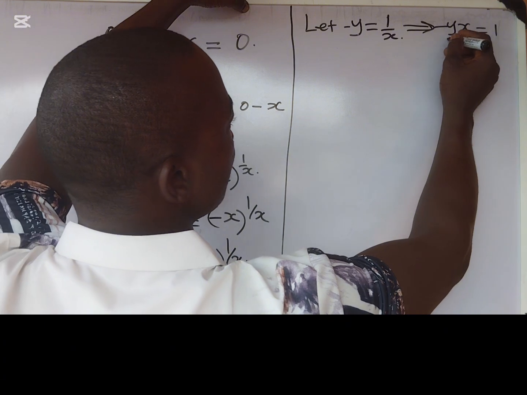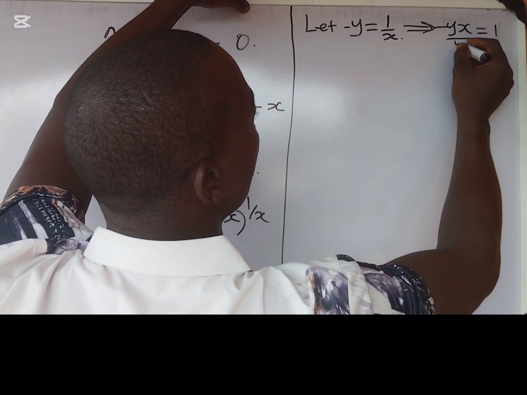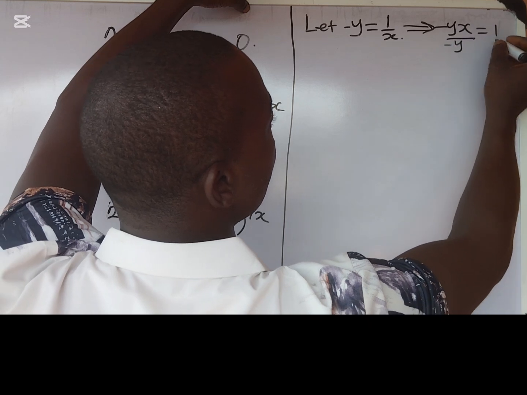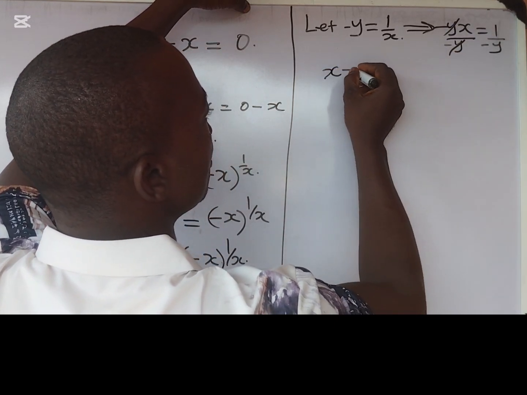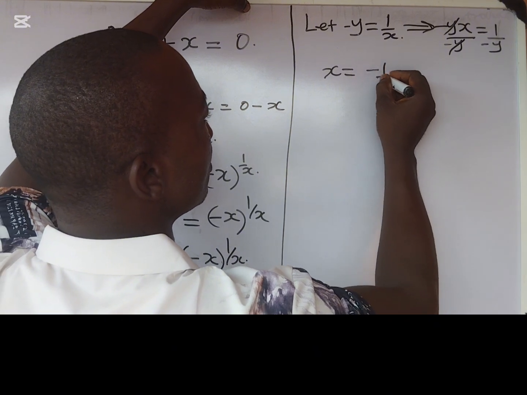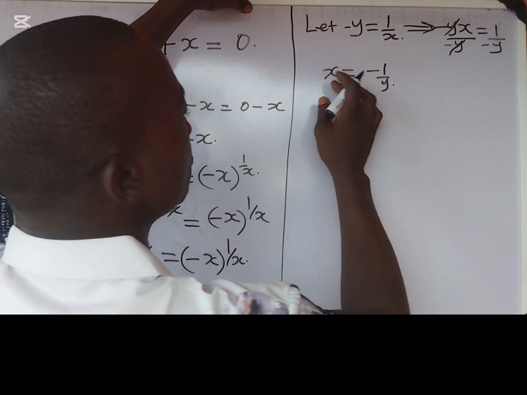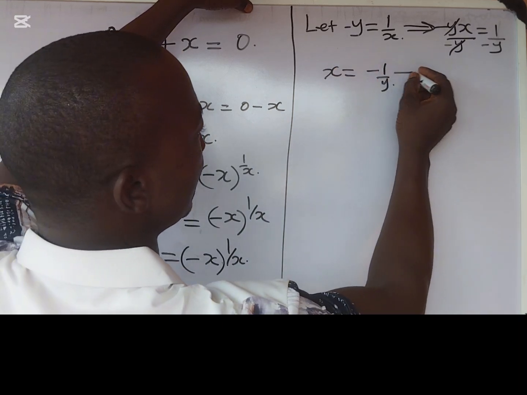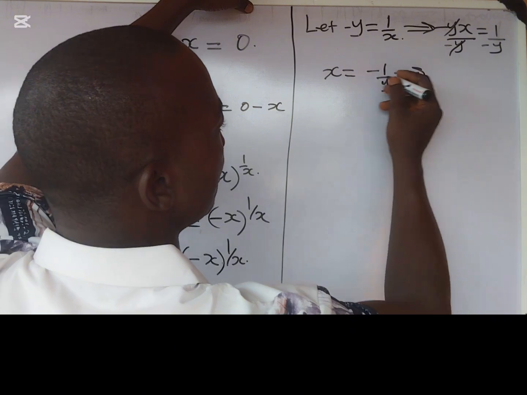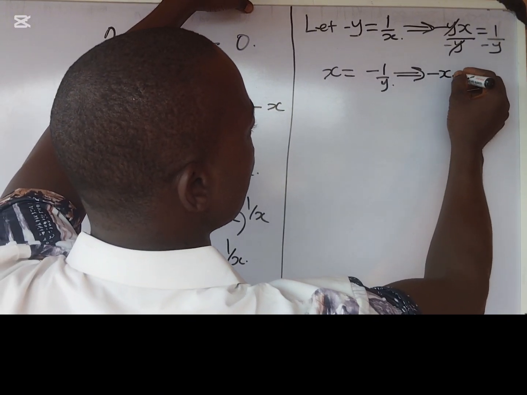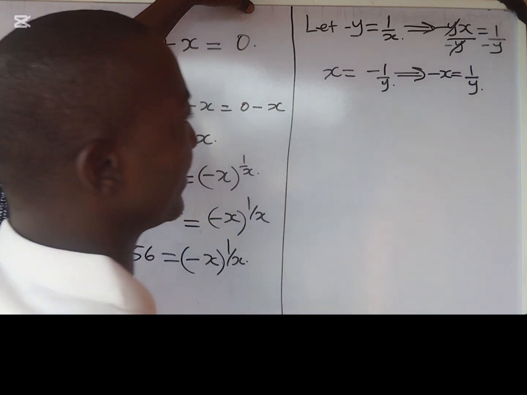We can divide both sides by minus y. This cancels, so that x becomes equal to minus 1 over y. We can also multiply both sides of this equation by minus 1. This becomes minus x equal to 1 over y.